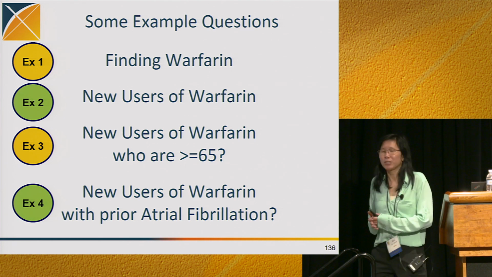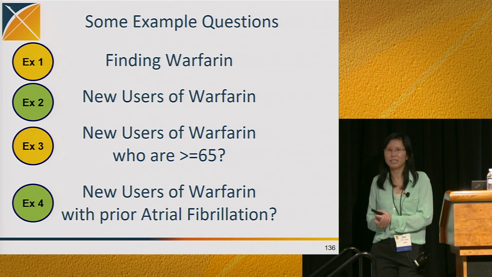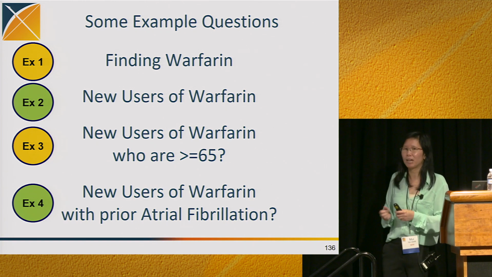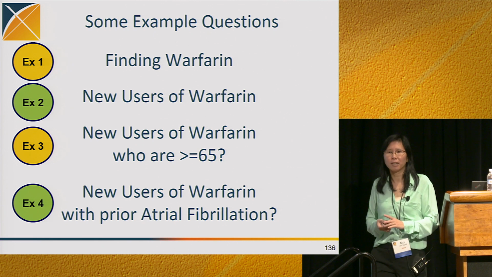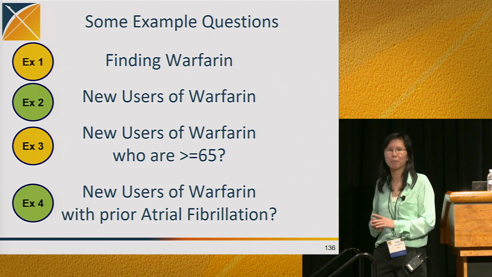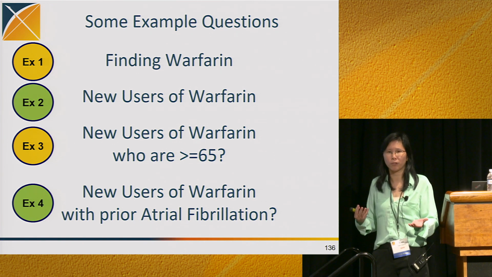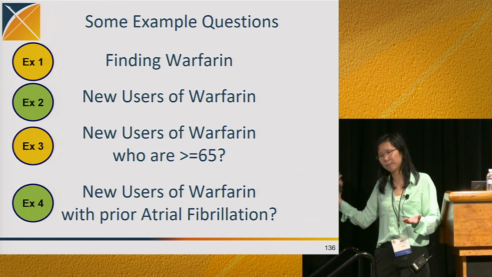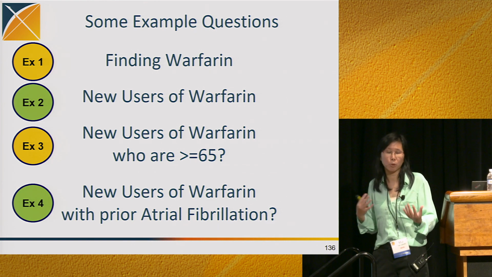Okay, so the exercises we're going to go through today, we have 4. One is just finding warfarin. Based on the study that Christian talked about this morning, the Graham study that we're trying to replicate, it's comparing people who were first-time users of warfarin compared to dabigatran folks who had previous atrial fibrillation, and which one caused more bleeding.